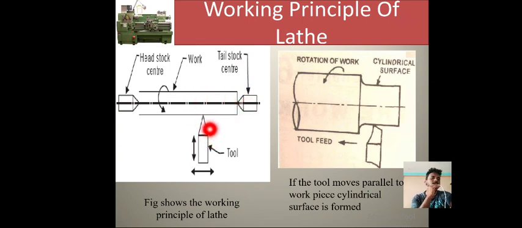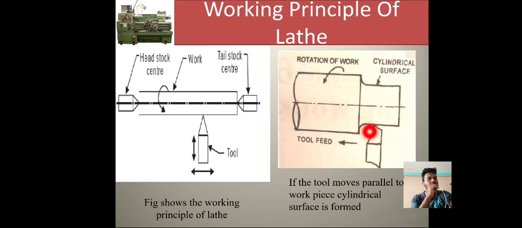As soon as the single point cutting tool is fed into the workpiece, in the perpendicular direction the material will be chipped, the workpiece will be chipped. You can see the rotation of the work here.